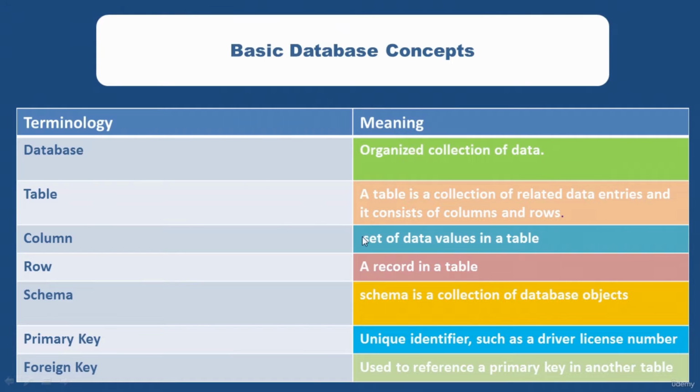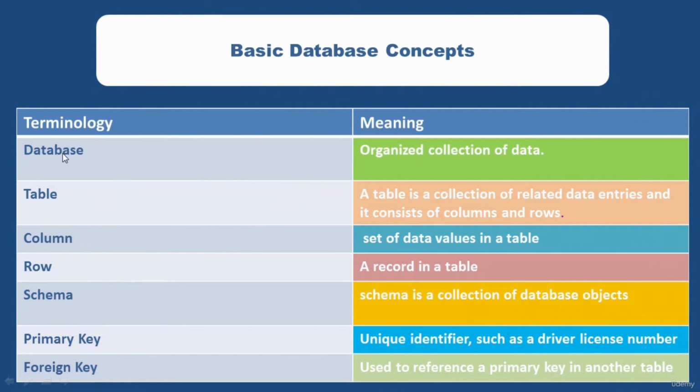This table here is similar to what a database table is. So the columns are horizontal. For example, this word terminology can be referred to as a column, and this word meaning can be referred to as a column. The rows are going vertical.